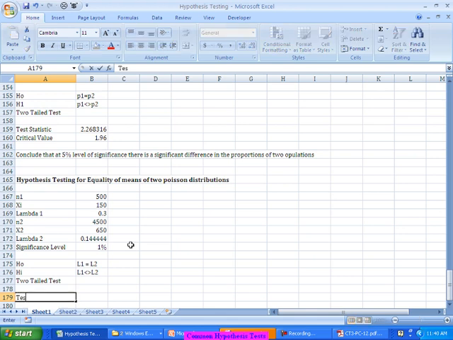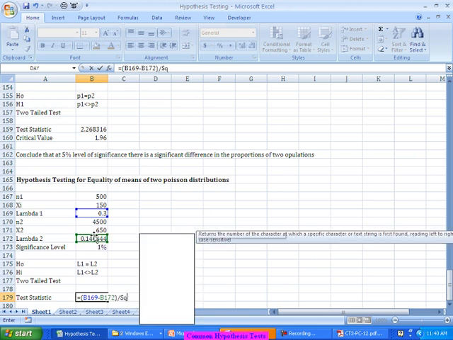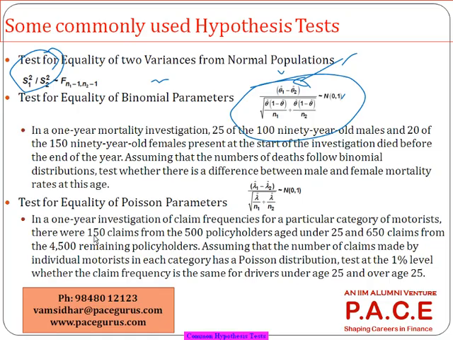So based on this, I'll compute my test statistic, which is the difference between the lambdas divided by the square root of lambda by n1 plus lambda by n2.